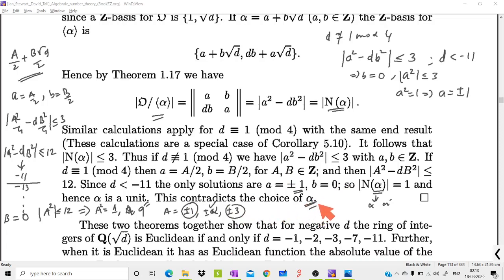So this shows that the ring of integers of Q of root D is not a Euclidean domain.